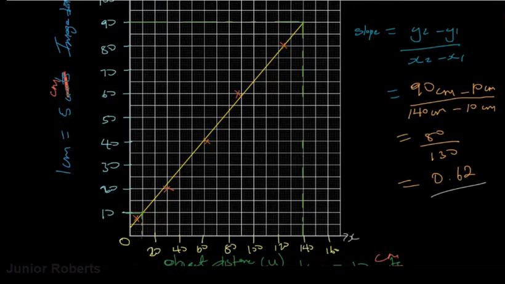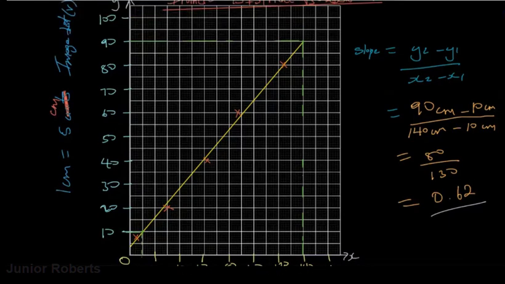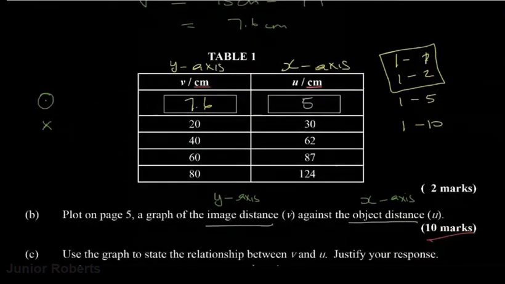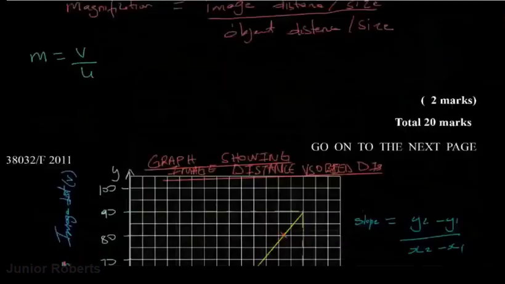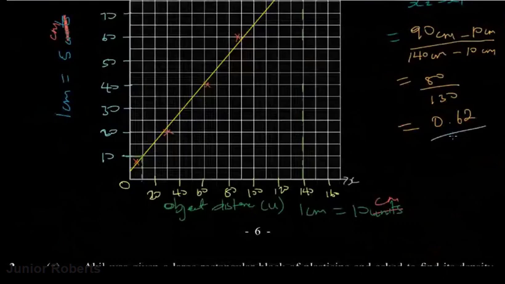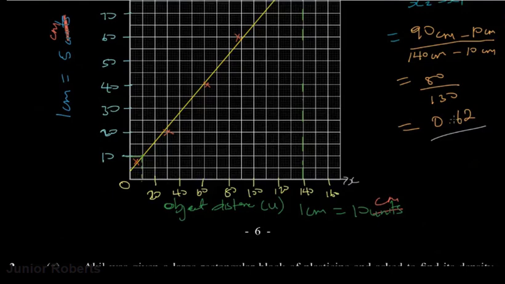So whenever we're doing magnification calculations and we get a value less than 1, it simply means that the image distance is less than the object distance.